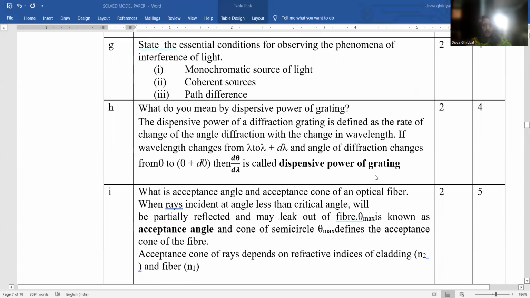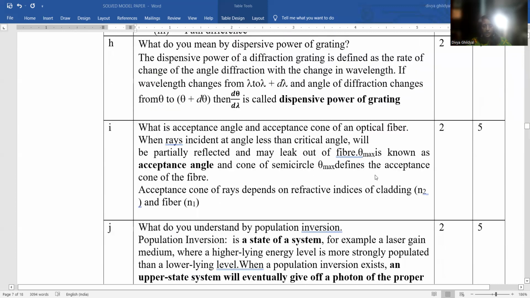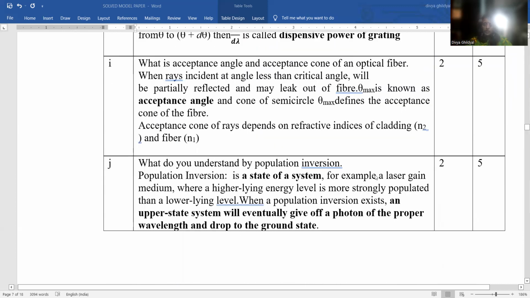Definitions of section A: population inversion, where the upper level has more electrons compared to the ground state. It is done in laser with the help of optical pumping or electric arc discharge.